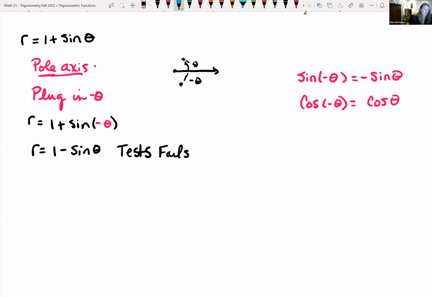Now let's see if it's symmetrical across the line theta equals pi halves.